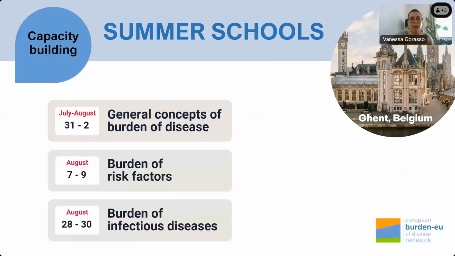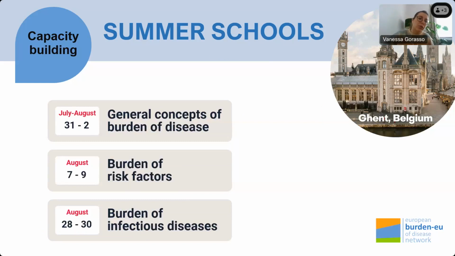An important part of the new association is the summer schools, which follow the trend we had for our training schools that were open to the members of the network. This year we launched 3 summer schools for which the registrations are still open. You can go to the website, and I see Brecht put the link in the chat.